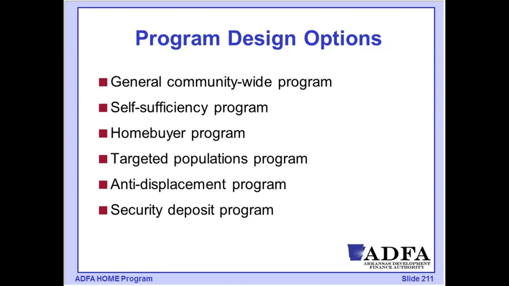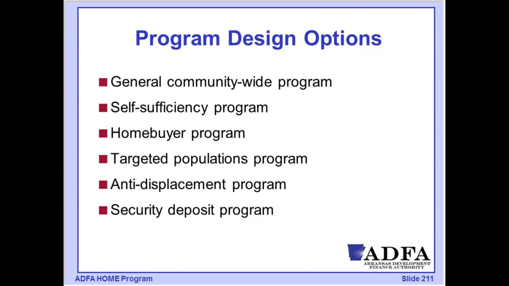And while they're participating in that program, we could be providing them tenant-based rental assistance to help make that unit more affordable for them. This is one of the cases where we could tie that assistance to participation in that program. So if they dropped out of the self-sufficiency program, they would not be eligible for renewal of their tenant-based rental assistance.